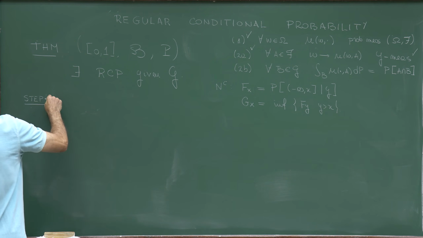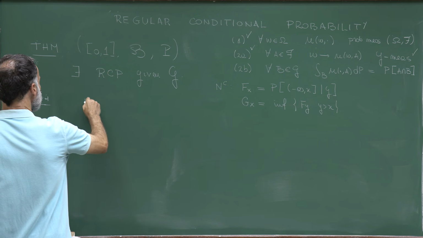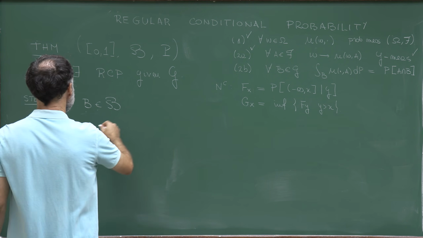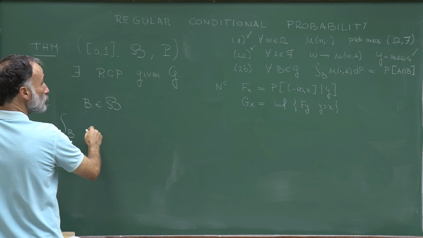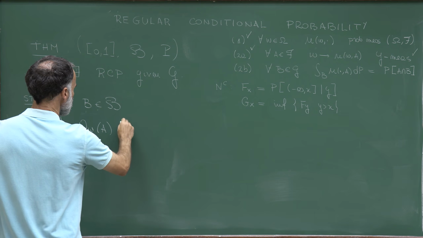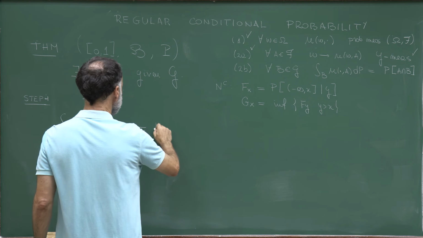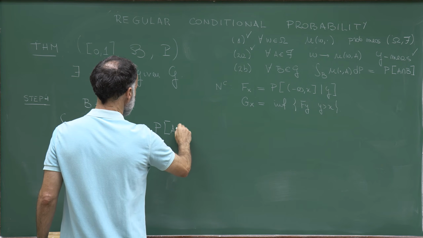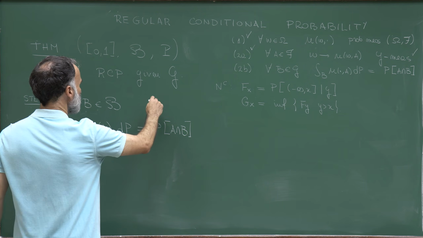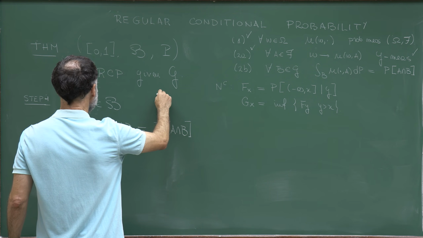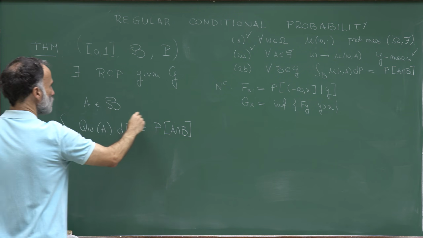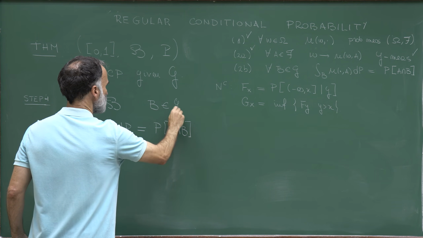So last step, step 4 in the proof, what we want to prove is that if I take any B in the Borel sigma algebra, then the integral over B of Q omega A dP is equal to the probability of A intersection B. And this is for all A in the Borel sigma algebra, all B in G. Right?